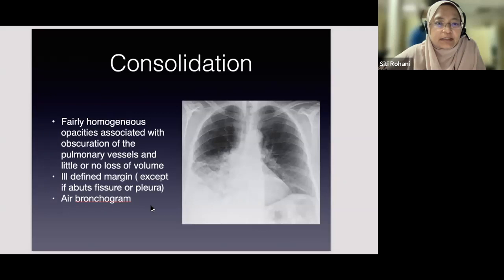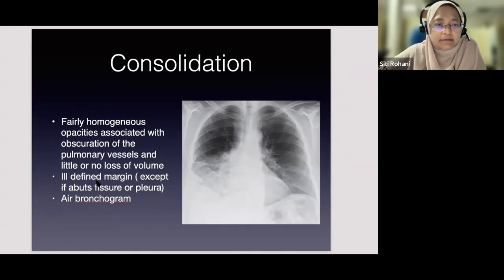So in radiology findings, consolidation, as I said just now, is a fairly homogeneous opacity associated with obscuration of the pulmonary vessels and little or no volume loss. Because consolidation is airspace opacification, all the pus or fluid or cells is inside the airspace, so it doesn't cause volume loss. Sometimes it can cause volume expansion.